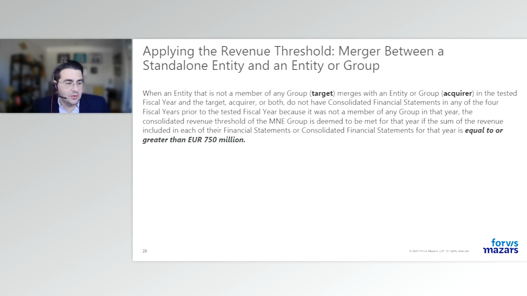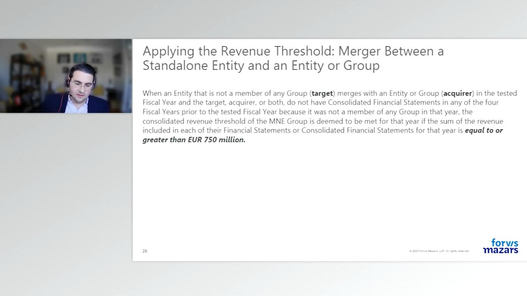What the model rules say is, when an entity that is not a member of any group, let's just call it the target, merges with an entity or group, the acquirer, in the tested fiscal year, and the target, acquirer, or both do not have consolidated financial statements in any of the 4 fiscal years prior to this tested fiscal year, because, let's say, it wasn't a member of that group in that year, the consolidated revenue threshold of the M&E group is deemed to be met for that year if the sum of the revenue in each of their financial statements or consolidated financial statements, key in the would-be test, for that year is equal to or greater than 750 million euro.